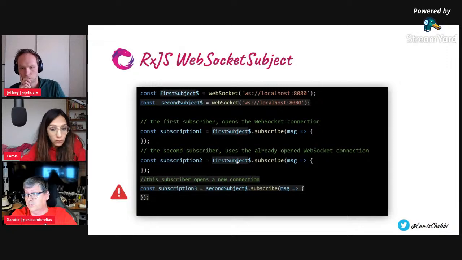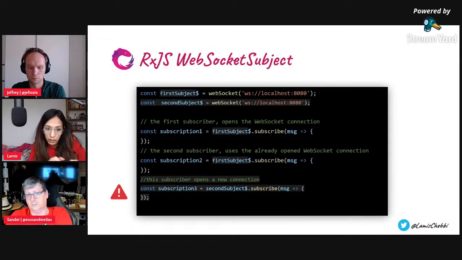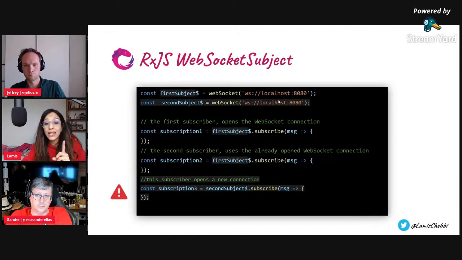And now it will be using the already opened WebSocket connection in this case, because there is already one subscriber on this subject. Now I will subscribe to the second subject dollar, which is another reference. So in this case, it will open a new connection, even though they are pointing to the same URL.